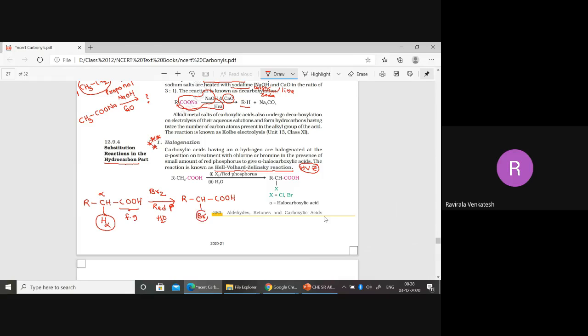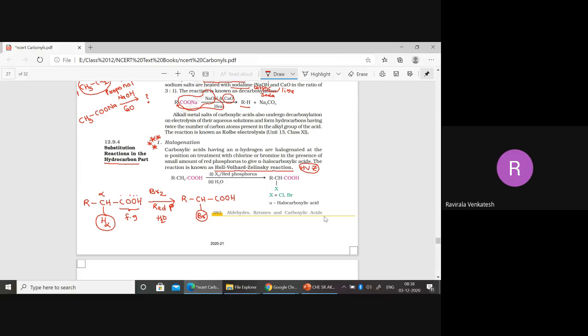Simple reaction completed. This is called HVZ reaction. Very important. In examinations, many times they ask this question, and it is very simple also. But most of the students keep bromine here or there somewhere.